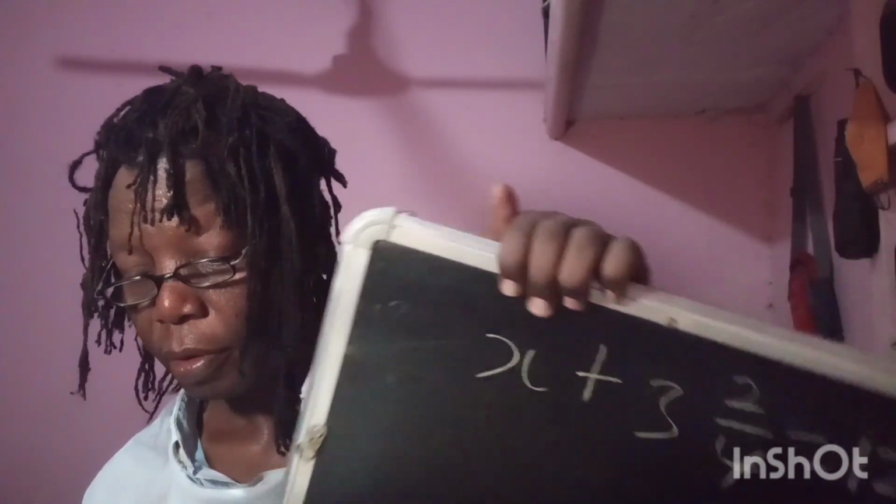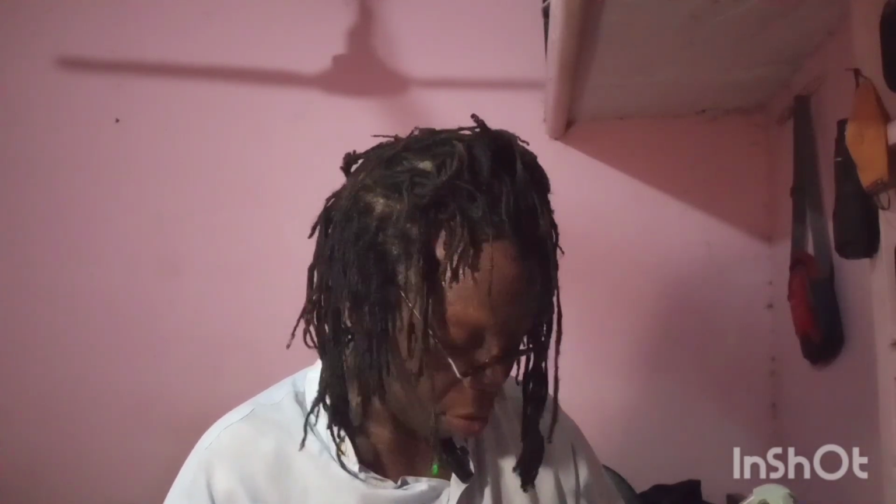It's very simple. What you do is that we write x plus 3 and 2 over 4, minus 3 and 2 over 4, is equal to 12 minus 3 and 2 over 4.